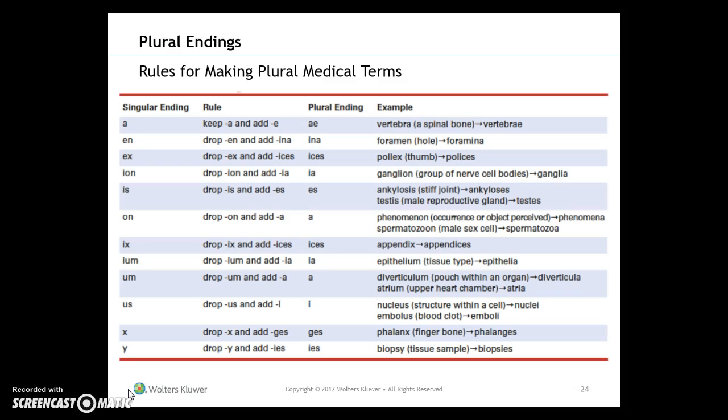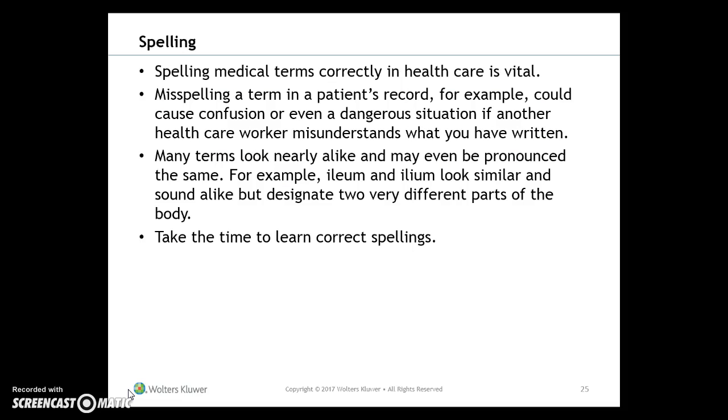And these you really need to memorize. I could see any of those terms in a medical record at any time, and you need to understand when something is plural and when something is not.